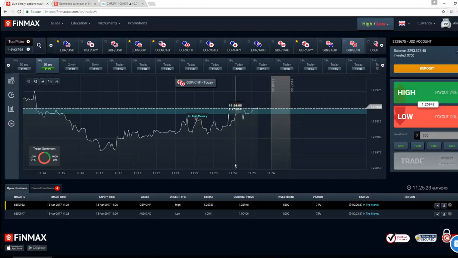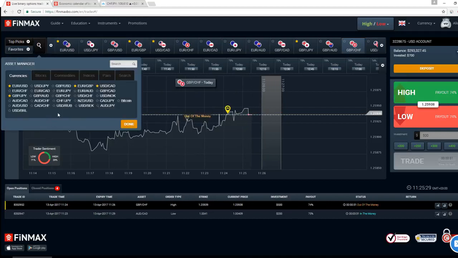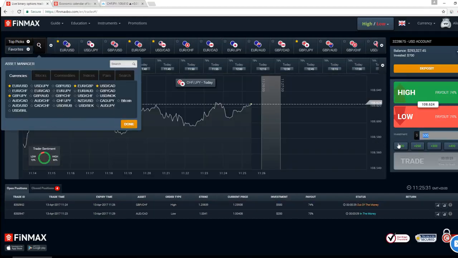Swiss franc to Japanese yen. I will enter for 1 minute for high.